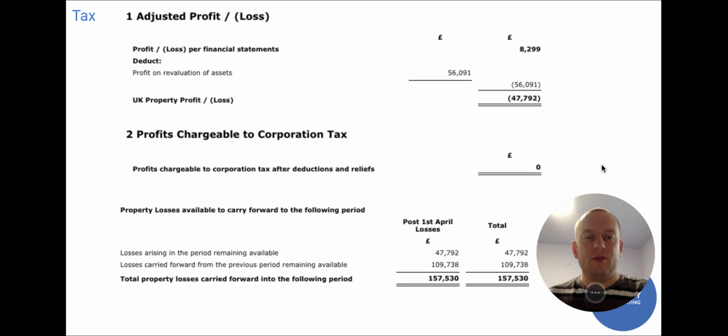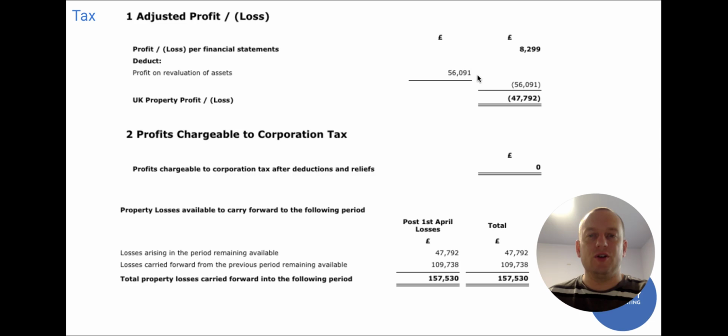Basically, you take profit before tax as per the financial statements, and then we have to make some adjustments. In this case, we talked about those property revaluations. They're an unrealised gain, and so they're not valid for working out corporation tax.